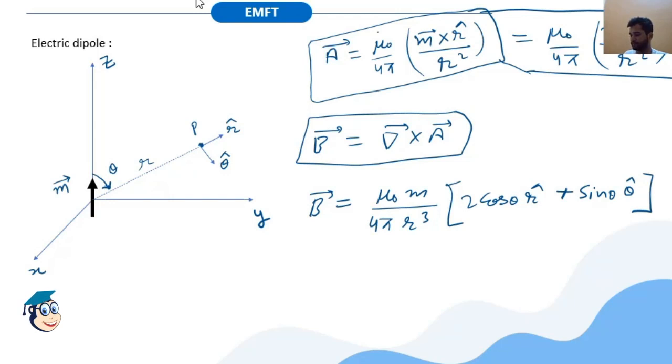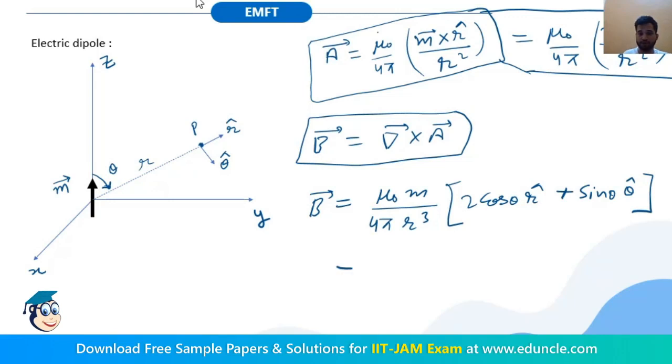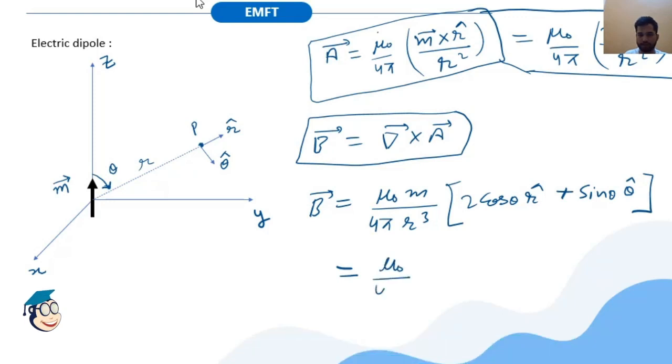So B can be written in this form, and we can also write B in coordinate free notation: mu naught over 4 pi r cube, and in bracket 3 times m dot r cap, direction again r cap, minus m vector itself.